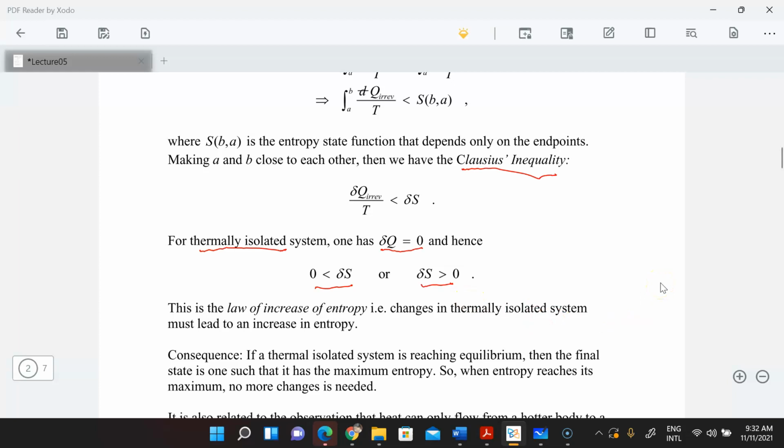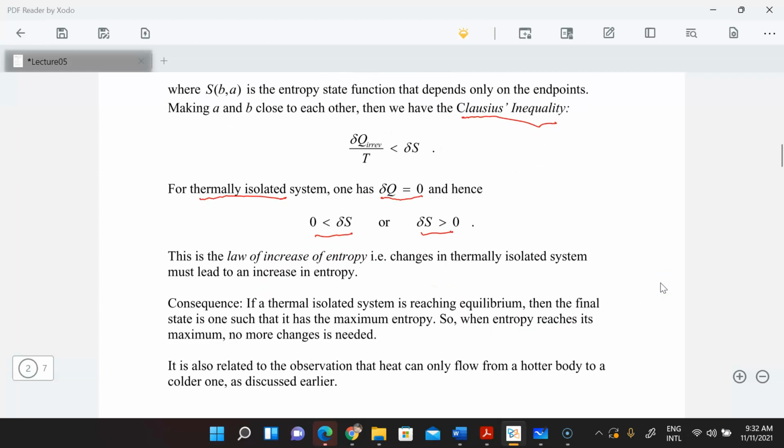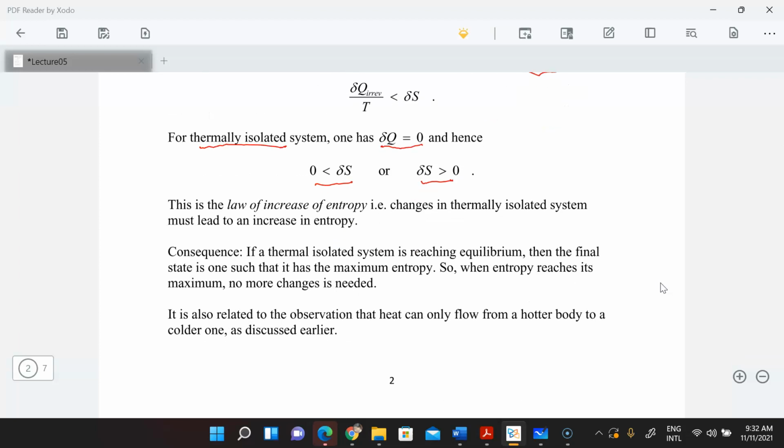As a consequence of this mathematical statement, one would find that if a thermally isolated system is going to reach equilibrium, then one would expect that the final state after reaching equilibrium should have the maximum entropy.